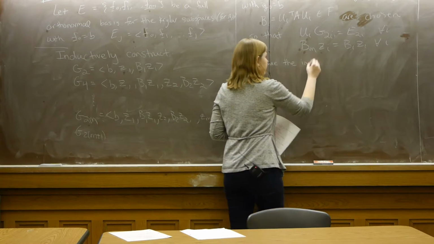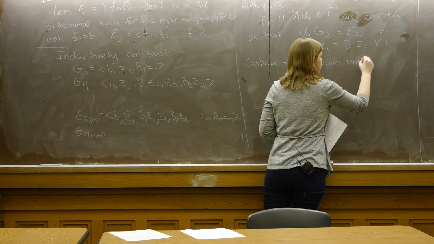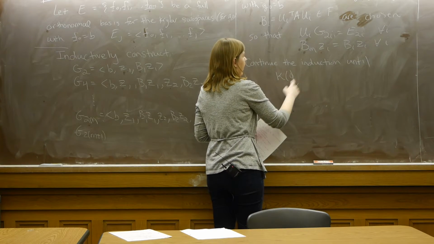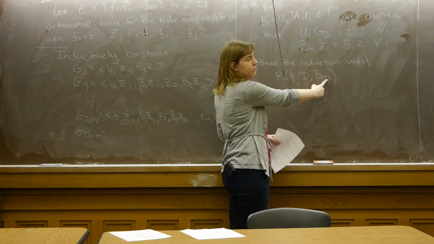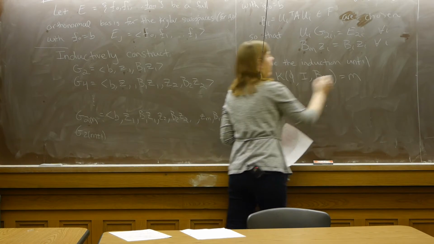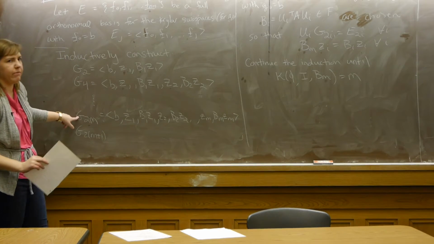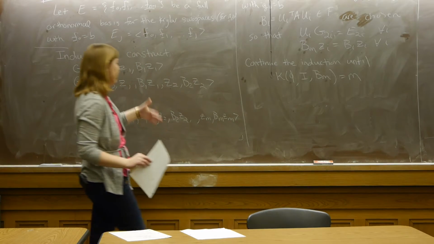The induction continues until the matrix index for our algorithm with information of some matrix BM is equal to M. So that's why it happened to stop at M here. At each step, we're coming up with a new matrix.